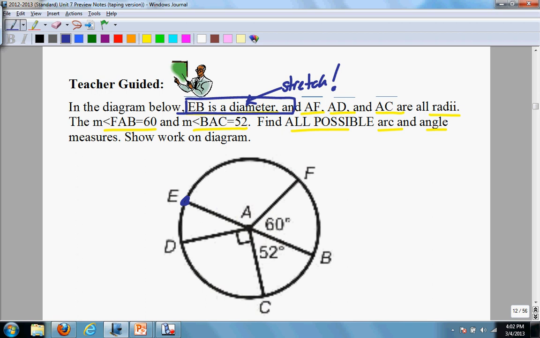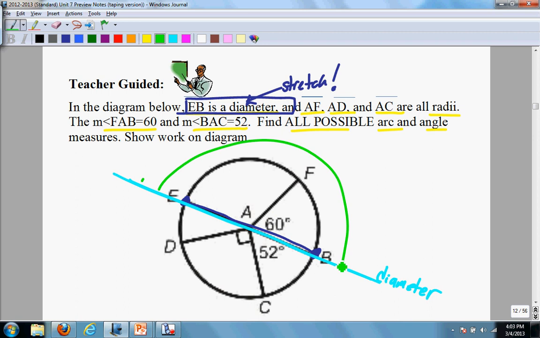So first, here's E, trace to B. Now I'd like you to stretch it beyond the edges. Stretch that out. Diameter, stretch. That's a diameter. Just stretch it out. Now, whenever you do that, I'd like you to do one giant sweep. Diameters automatically divide circles into semicircles, 180, 180.